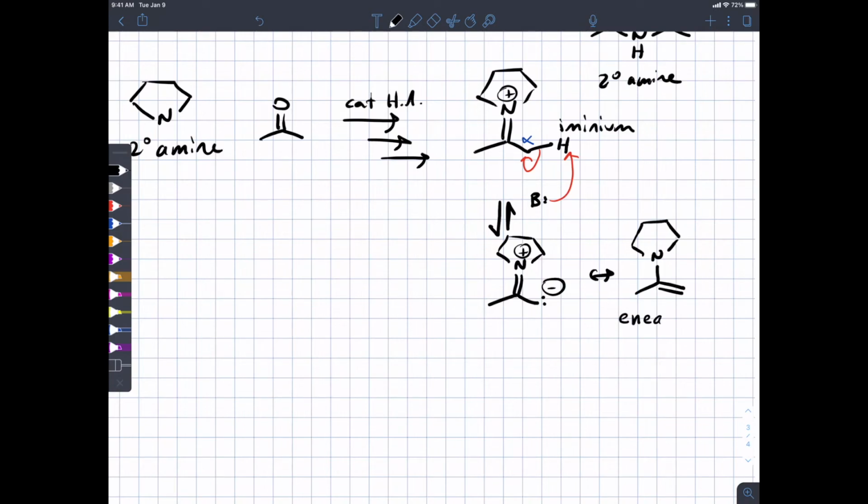This is called an enamine, though I think your text writes it this way. The E is long.